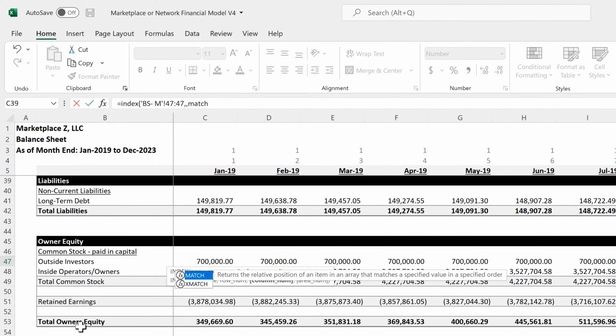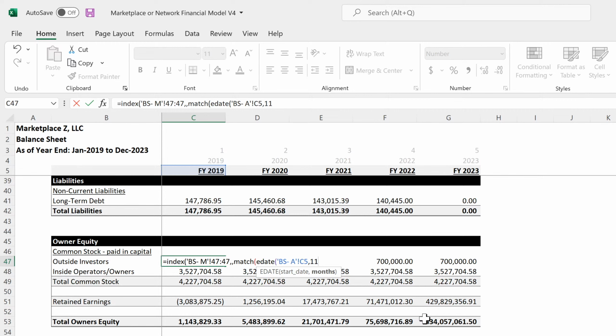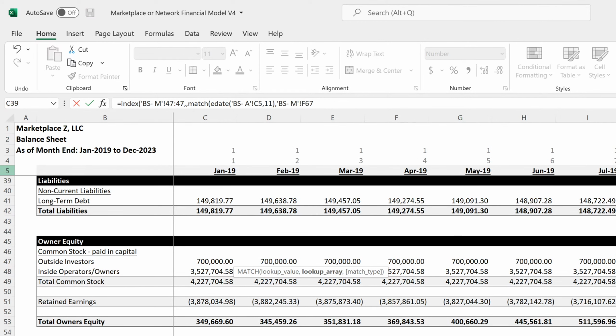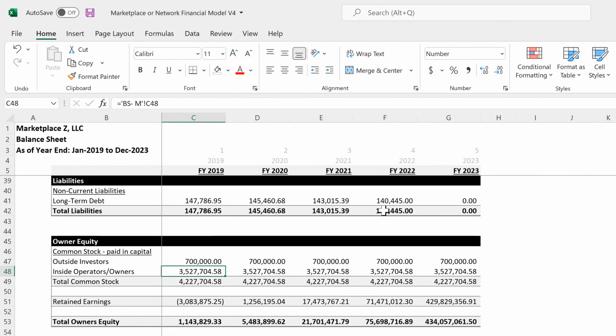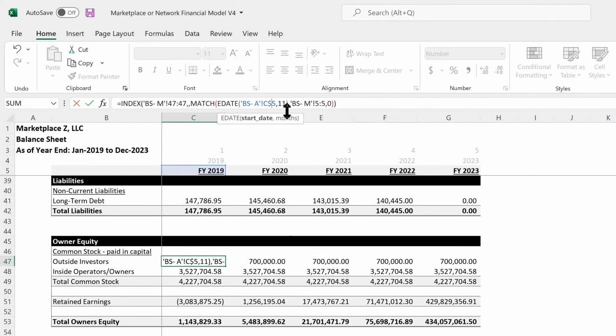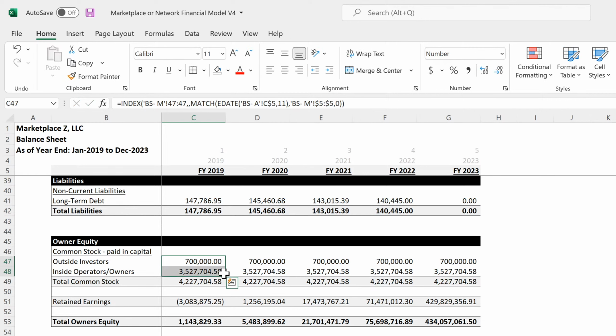So match. This, comma, 11 with the month, comma, 0. Lock C5 and 5 here. Now we drag this down and over, and there we go.